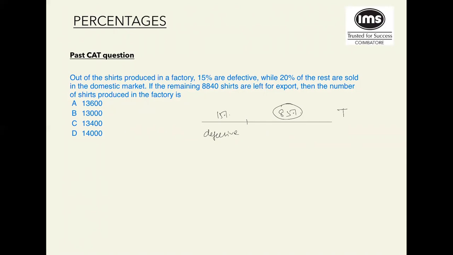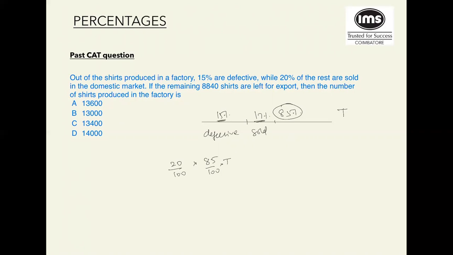Okay, so we have to be careful here. 20% of 85% of the total value. So this is actually 17% of the total value. Those are sold in the domestic market. So this becomes 15, this is 17.